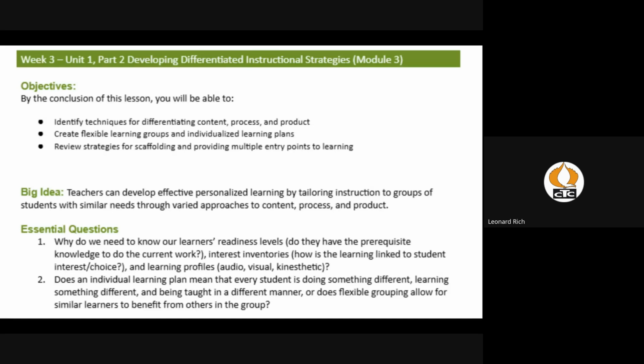A student can graduate on an IEP and be credit deficient. Maybe your student didn't complete. Maybe your student is missing an English and a math credit.